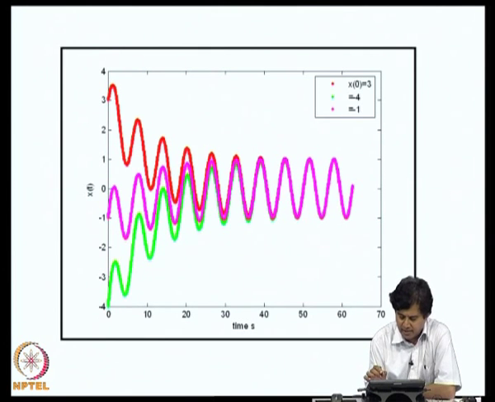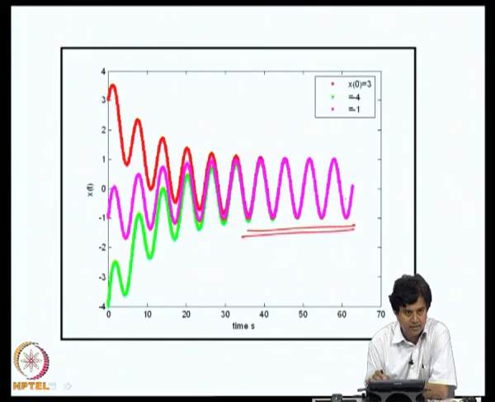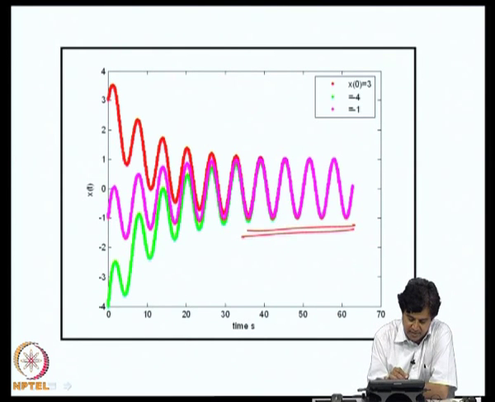So, if we were to plot time histories of x of t for the same value of alpha, but different initial conditions, we see here that the alpha is the same for all these 3 trajectories, but different initial conditions are given. So, they take certain time to reach steady state. Here we have reached the steady state, all the 3 trajectories are almost sitting on each other, but they have different transients here.